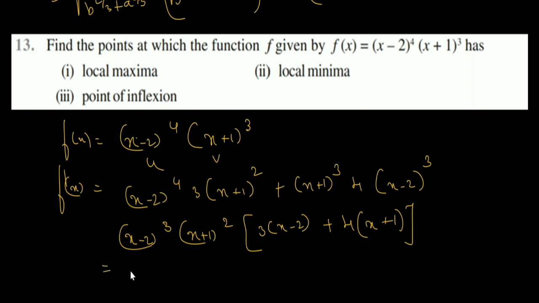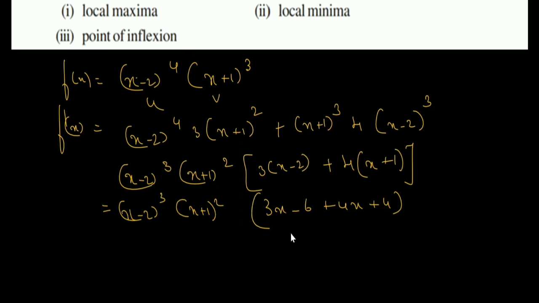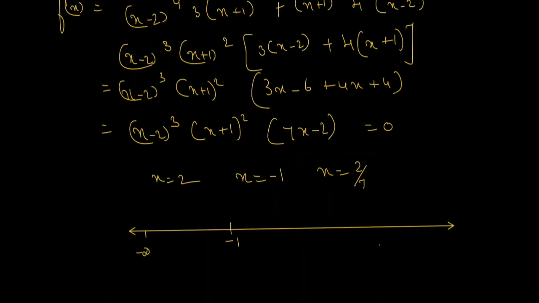So that is equal to (x minus 2)^3 (x plus 1)^2 into 3x minus 6 plus 4x plus 4, that is 7x minus 2. That is (x minus 2)^3 (x plus 1)^2 (7x minus 2) equal to 0. To find the critical points, draw the number line: minus 1, 2 by 7 somewhere here, and 2.